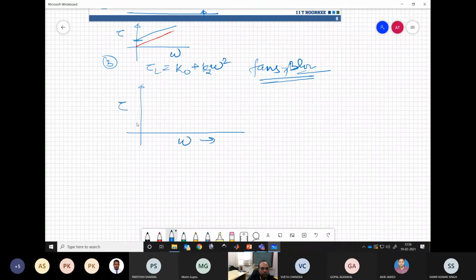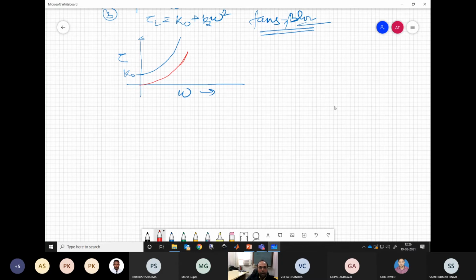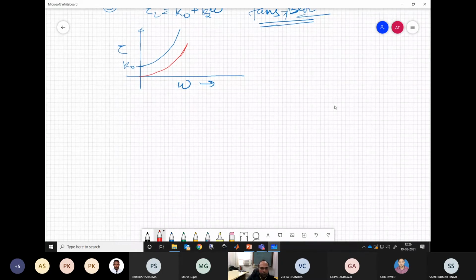The tau omega curve may look like this, where we have a finite k naught, or it may start from 0, where k naught is insignificant. Now, we can keep going like this for different applications, and we can always plot the tau omega characteristics, and this tells us what torque we need to generate at different omega.